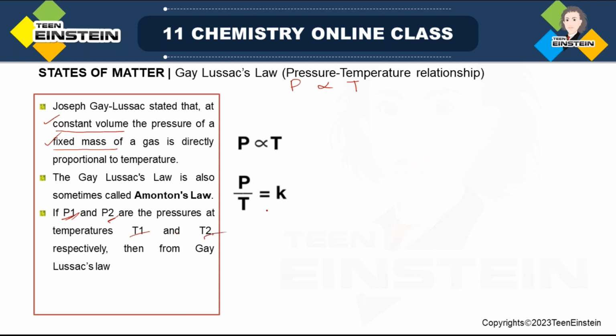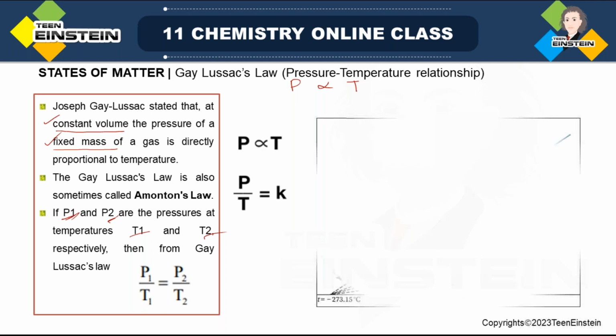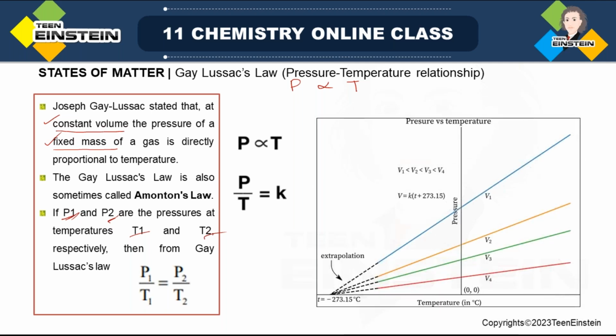Then from this law, what can we write? We can write P1 by T1 equal to P2 by T2. And that is true because of this relationship, P by T equal to K. In this way, if you take some more states, then it will be P3 by T3, P4 by T4, like this.